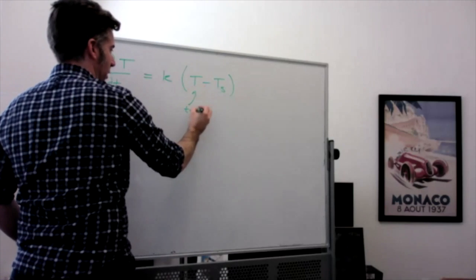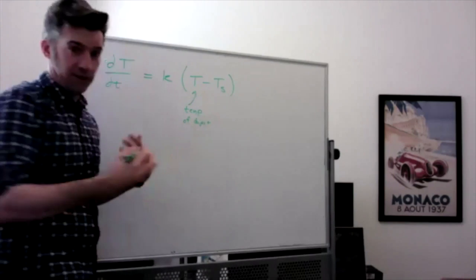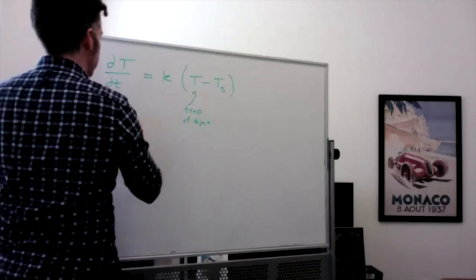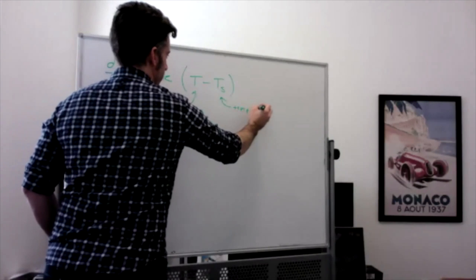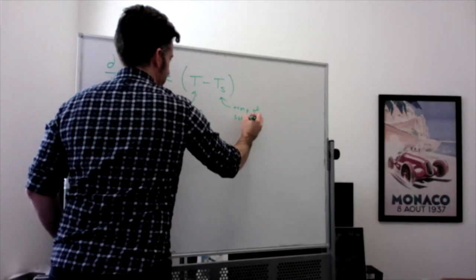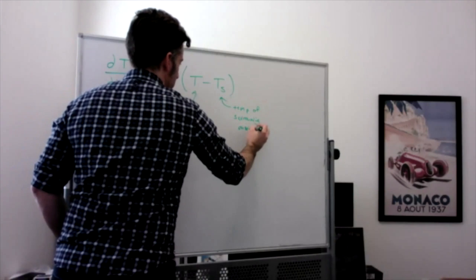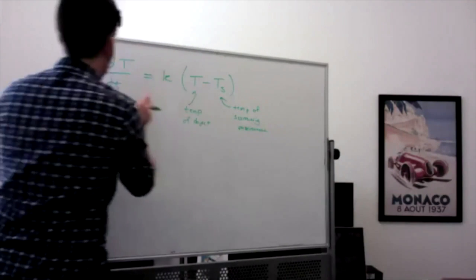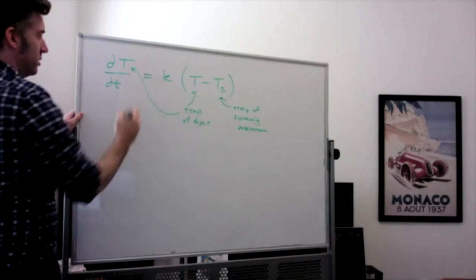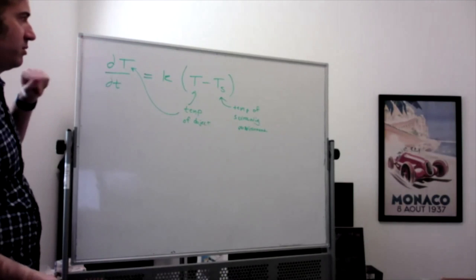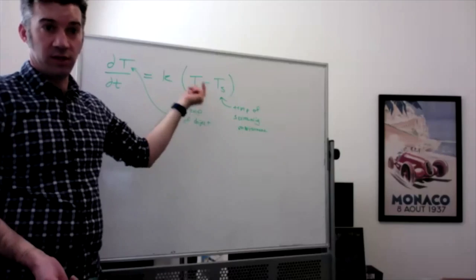Capital T is the temperature of the object, like the turkey, and Ts is the temperature of the surrounding environment. So the rate of change of the temperature of the object is proportional to the difference in the temperature of the object and the temperature of the surrounding room.